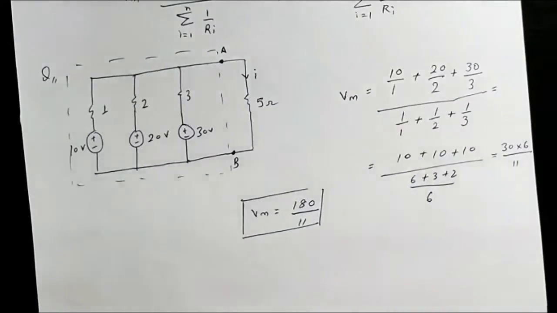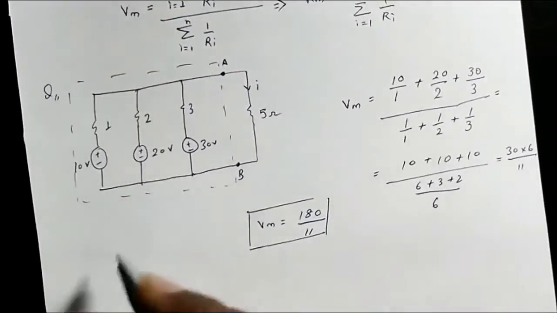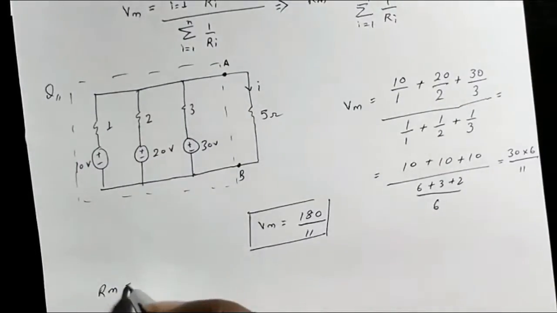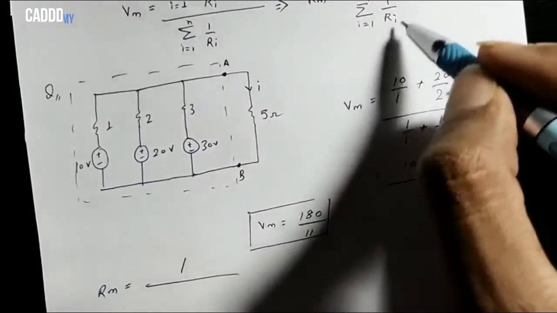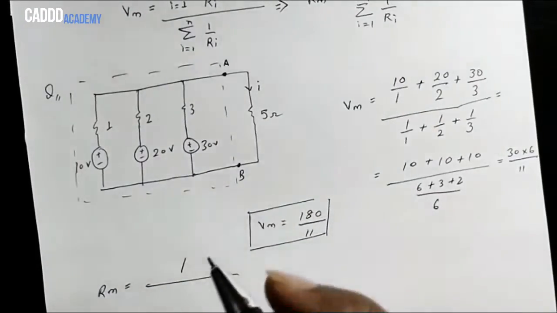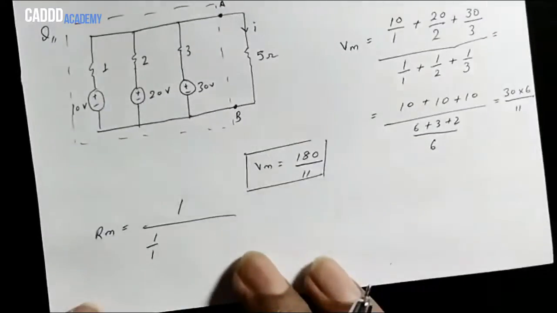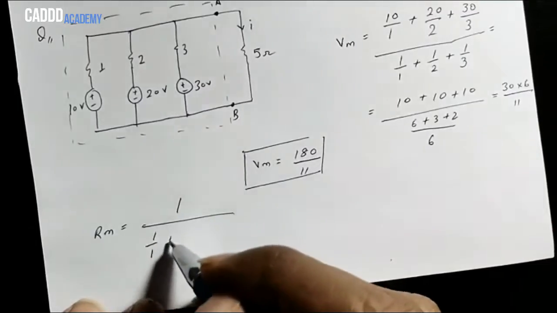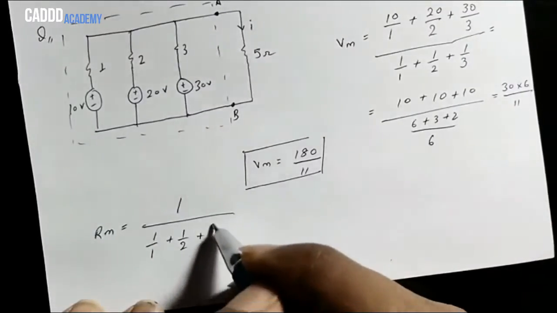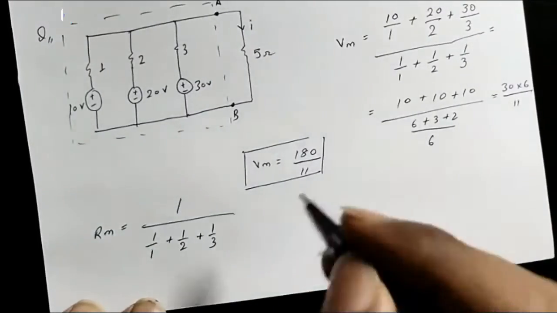What is the value of Rm? Rm is just the reciprocal of the sum of all the reciprocal resistances. That is 1 by 1 plus 1 by 2 plus 1 by 3.